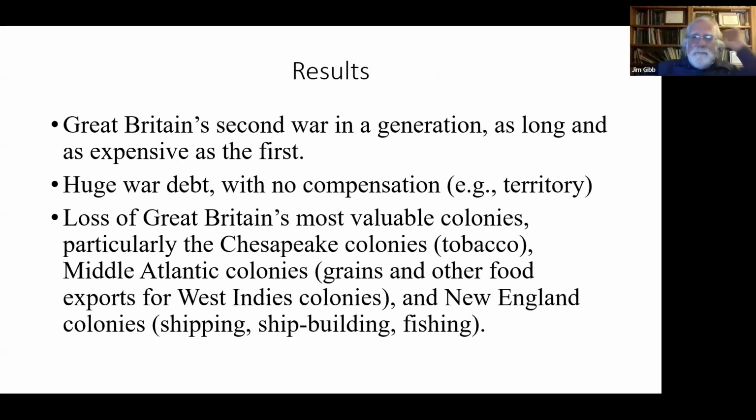And the results: Great Britain had this second war in a generation, just as long and as expensive as the first. They just got through the French and Indian War, 10 years of tension with the colonies, and then a new war, which generated a huge war debt. And there was no compensation because they lost. With the French and Indian War, they gained Quebec, they gained Canada, or what they didn't already have.